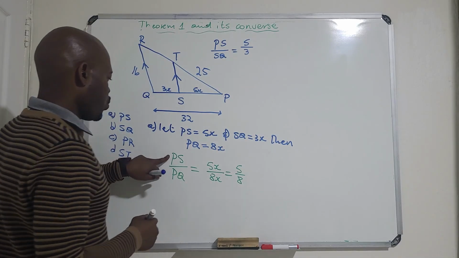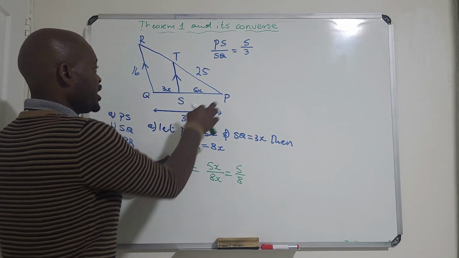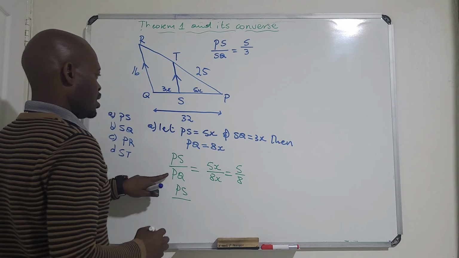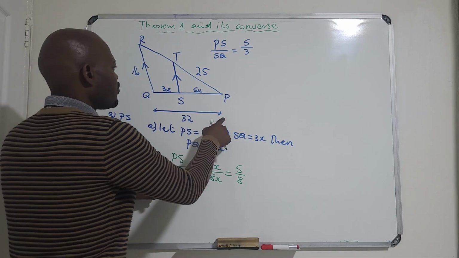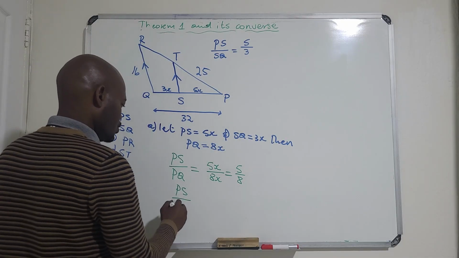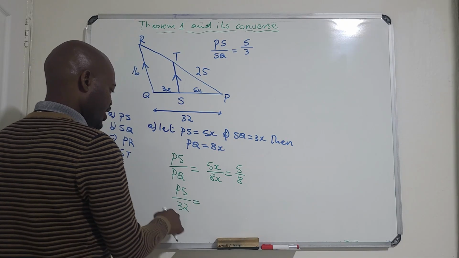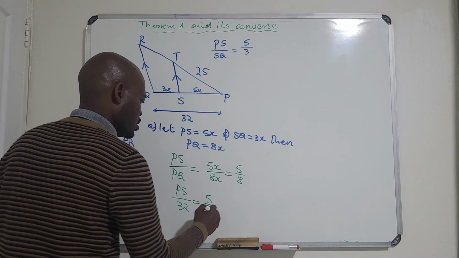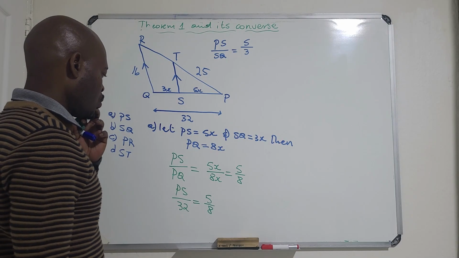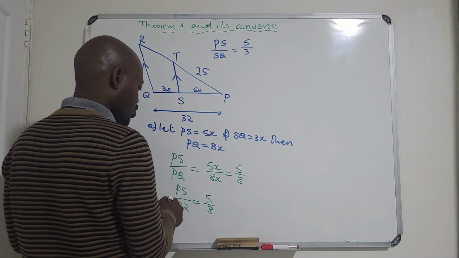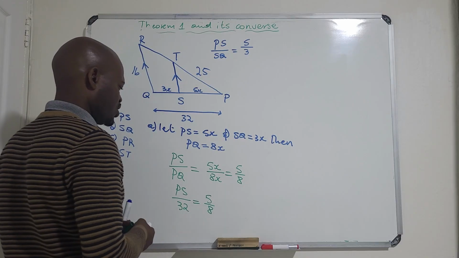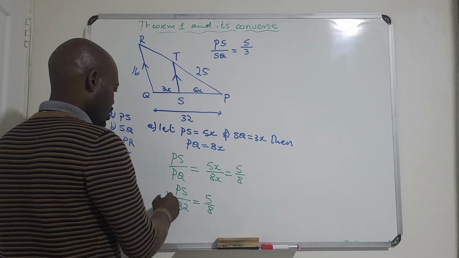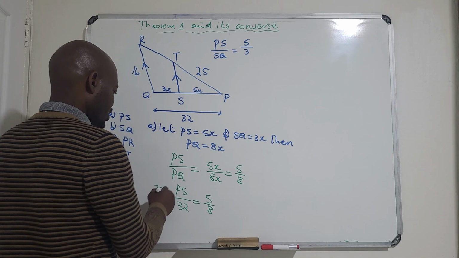Now, we are looking for PS. Therefore, PS over the length of PQ, which is 32, is equal to 5 over 8. Now, we can remove this 32 by multiplying by 32.